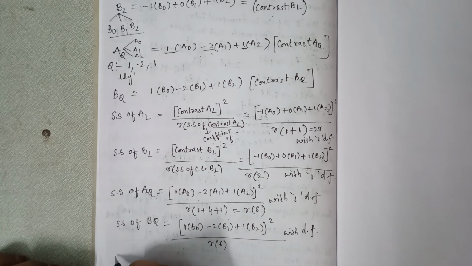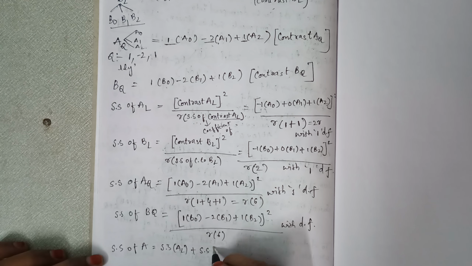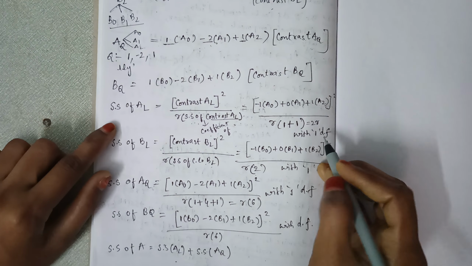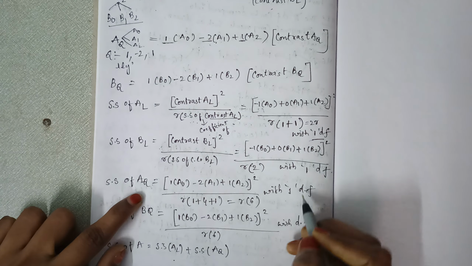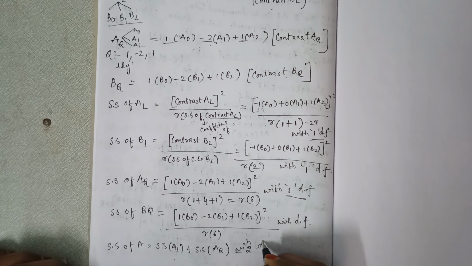And మనకి ఏంటి, the sum of the squares of A is equal to the sum of the squares of AL plus the sum of the squares of AQ. సో ALకి ఎన్ని డిగ్రీస్ ఆఫ్ ఫ్రీడమ్ ఉన్నాయి, 1 degree and AQకి 1 degree which is equal to 2 degrees of freedom.